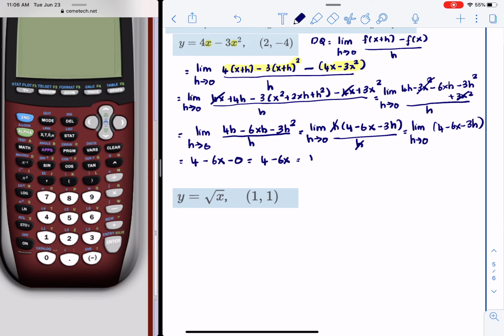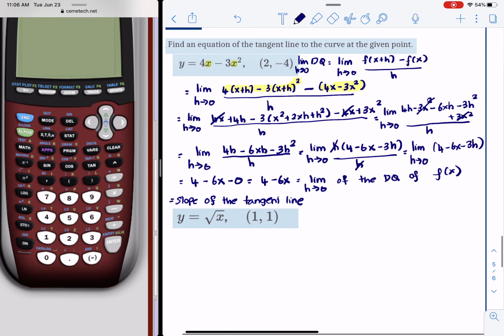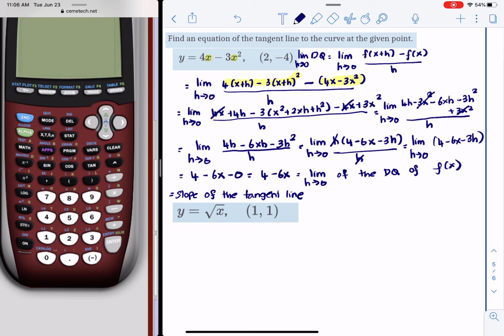That is the limit as h approaches 0 of the difference quotient of f of x. And that is simply the slope of the tangent line. So the given point is 2, negative 4.